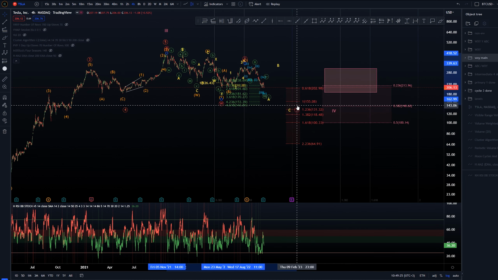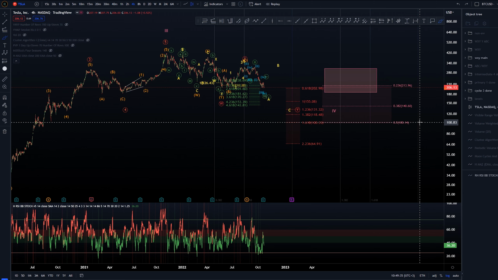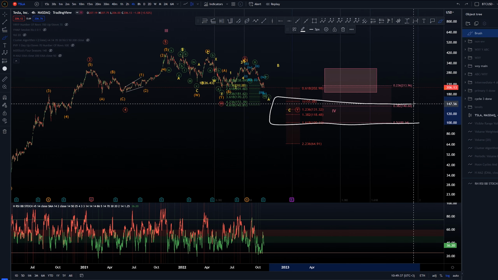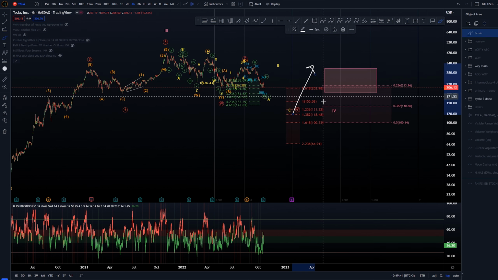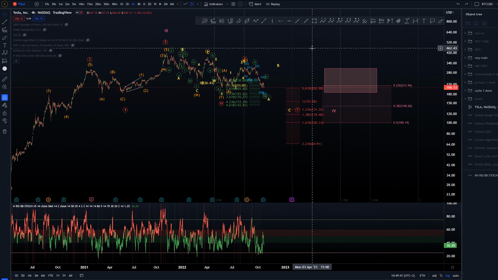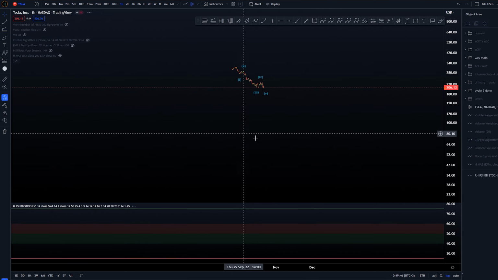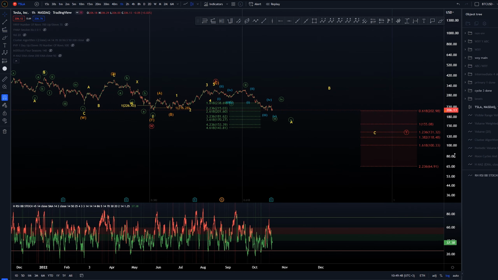So anywhere from $155 to $100 would be the ideal area for me at the moment, that I'm looking for more long-term buys here. But I feel like that is pretty much all the expectations I have for Tesla at the moment.